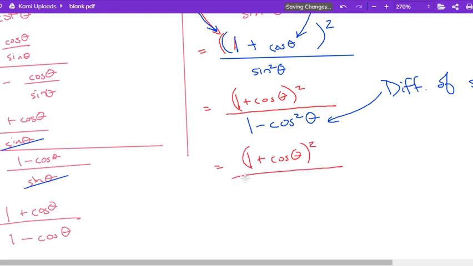Then I can factor 1 minus cos theta, 1 plus cos theta. And what can I cancel? 1 plus cos theta. Did I get there? I did. That was a tricky one. Well done choosing number 17, and good on you for trying it.